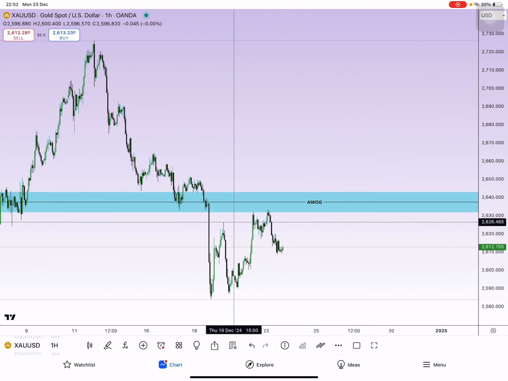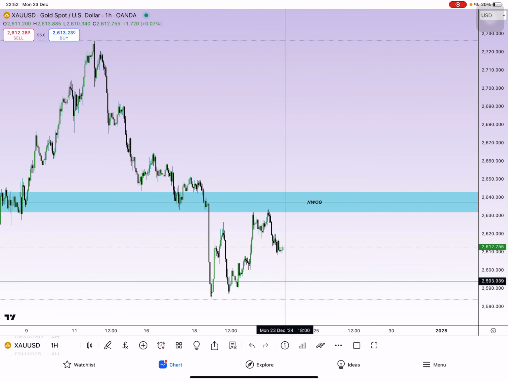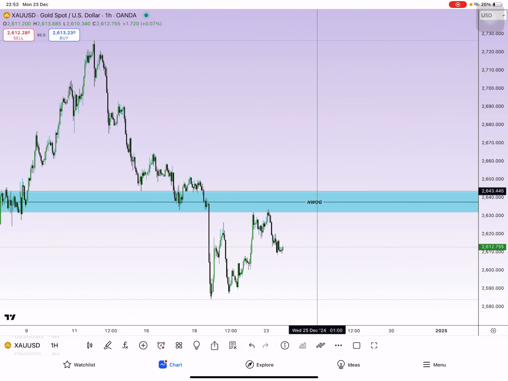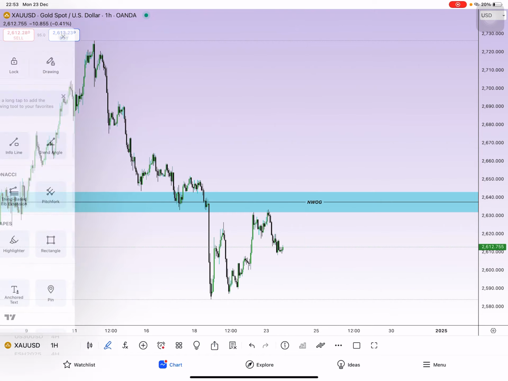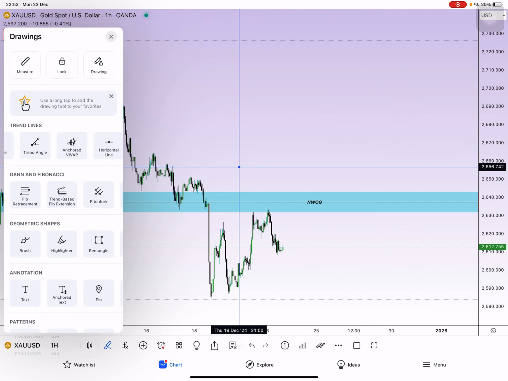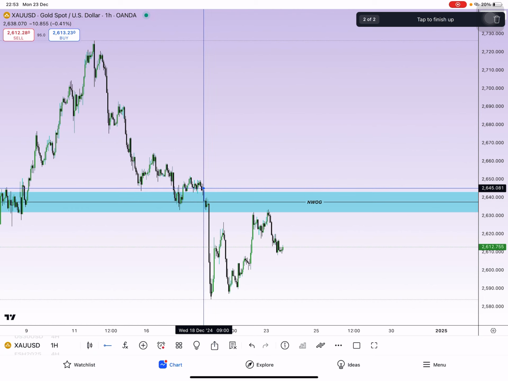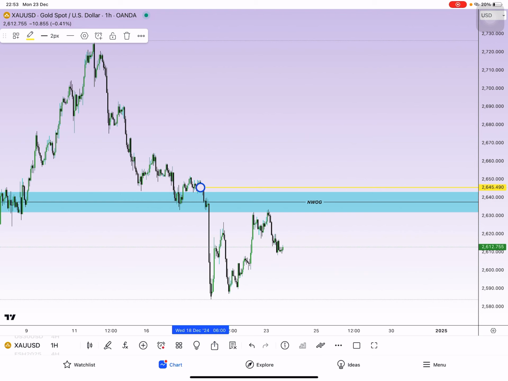These highs getting ripped off, to me, they're not a market structure shift, but I believe they are gonna come back down. So our stop loss is gonna be above this new week opening gap, at least above this candle. So that's gonna be our stop loss, and I'll write it as well.